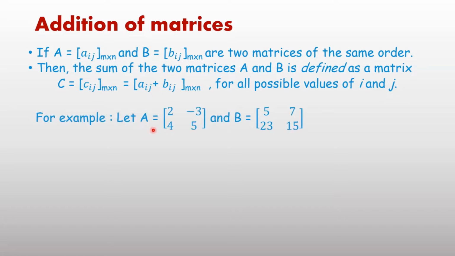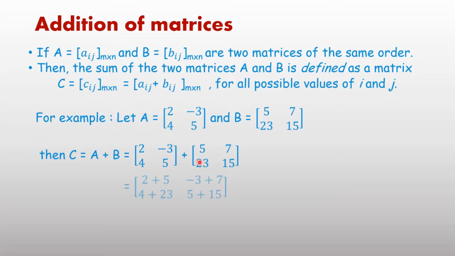For example, matrix A. Order of matrix A is 2 by 2. Second matrix B. Order of matrix B is again 2 by 2. Since order of matrix A and B both are same, therefore addition of matrices is possible here. And C equal to A plus B, add corresponding element.